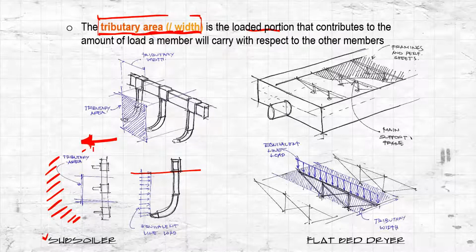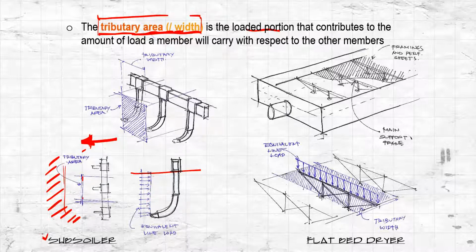Because of the presence of soil, of course it's going to encounter reactions from the soil. So how do we convert this area to a line load?